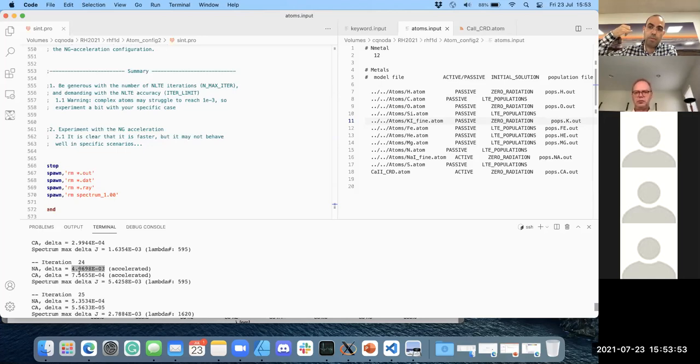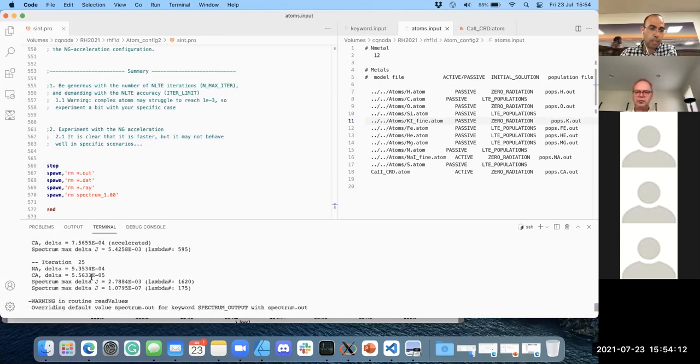So one can be very good, but until the second one reaches the limit, it will continue doing iterations. But in this case, it's accelerating and it seems to be doing it well, because before we needed like 20 iterations for only calcium, and in this case, with 25, we solved the two atoms at the same time.